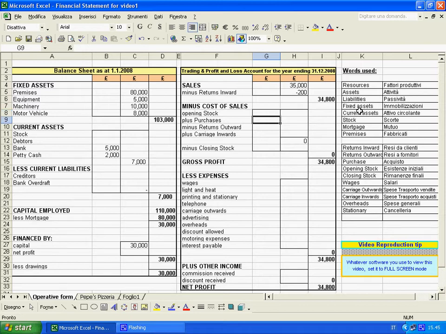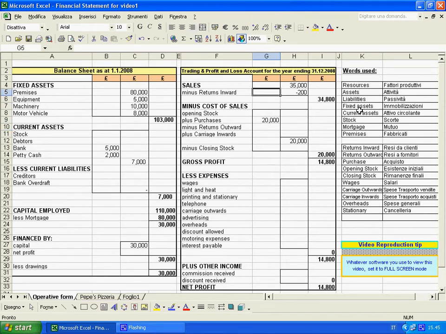That means that we have to buy goods for the first time, and the amount of all the purchases during this year is £20,000.